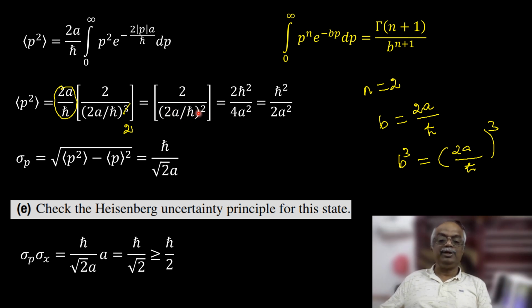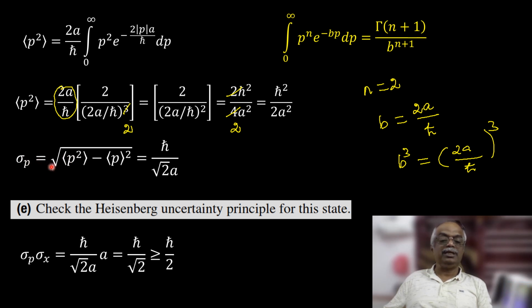So if you square this, you will get h cross squared divided by 4a squared. Already there is 2 in the numerator, so this 2 and this 4 will get cancelled. So you will get the final result as h cross squared over 2a squared. This is the expectation value of p squared. Then what is sigma p?